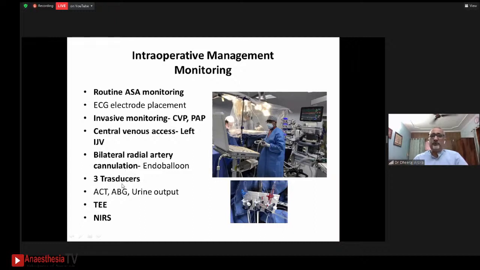Whenever we are using an endo balloon, we have to monitor the pressures. Two arterial pressures are monitored, and 1 more pressure for the pulmonary artery is used. So we have to use 3 or 4 pressure transducers in these patients, and that is quite cumbersome for us, and we have to manage accordingly. And TEE is a must, and NIRS is also one of the important tools in these patients. Apart from that, we have to do routine monitoring.